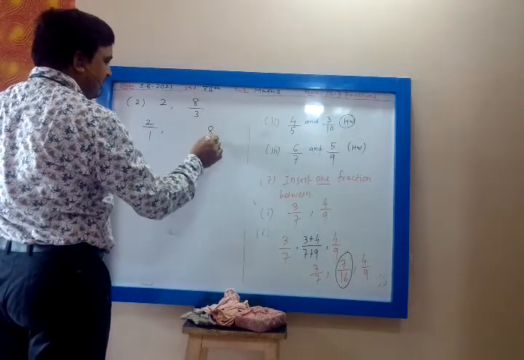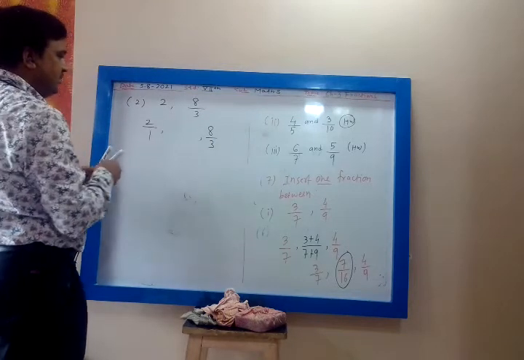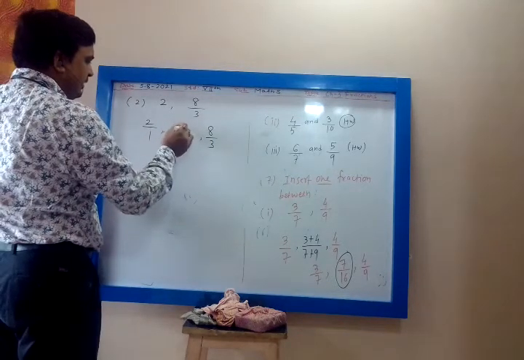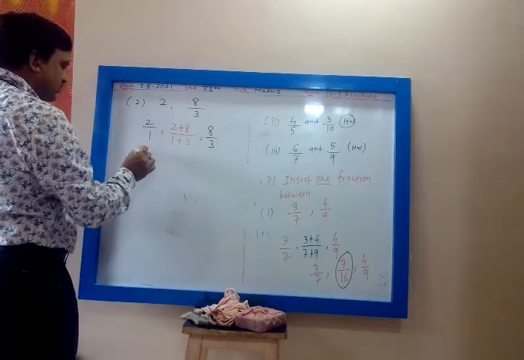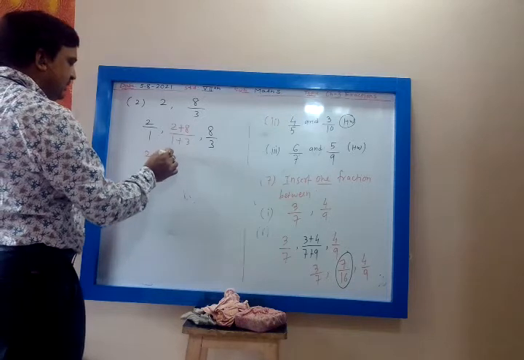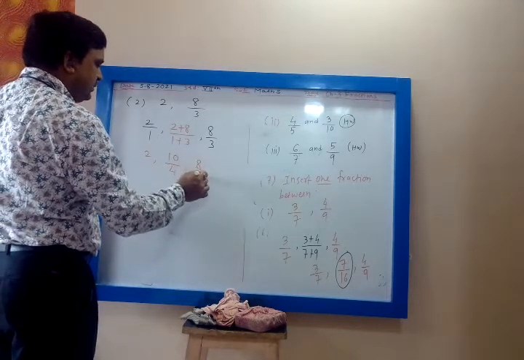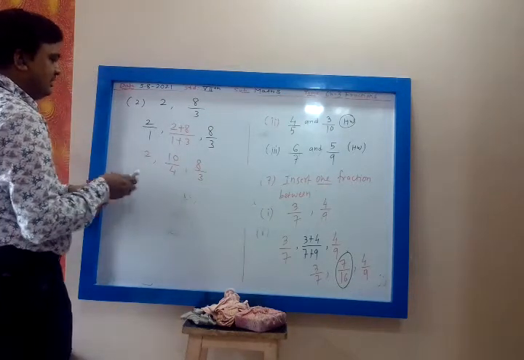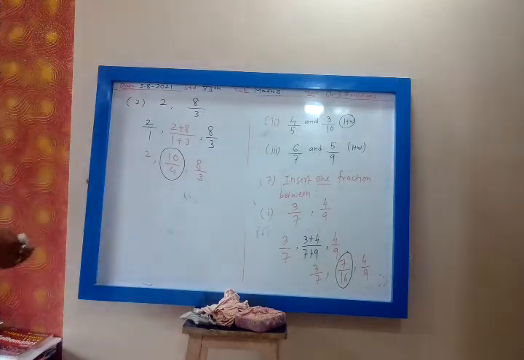Add numerator to numerator: 2 plus 8 upon 1 plus 3. So that is 2, comma, 10 by 4, comma, 8 by 3. So 10 upon 4 is the inserted fraction between them.